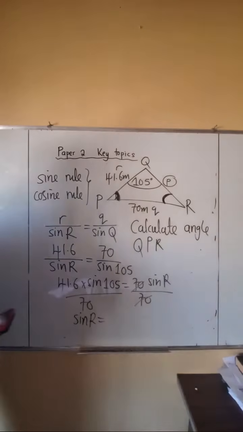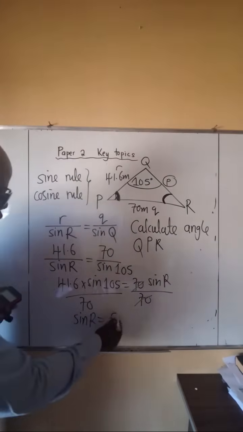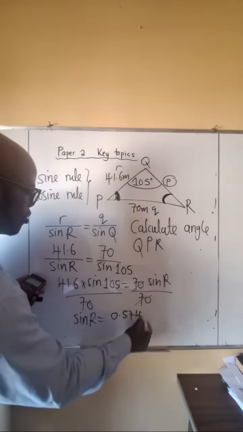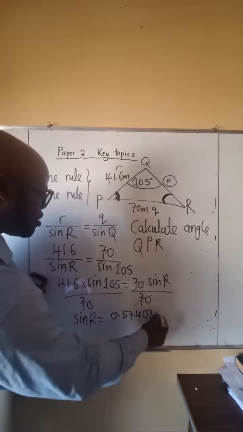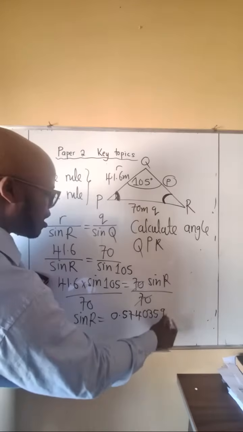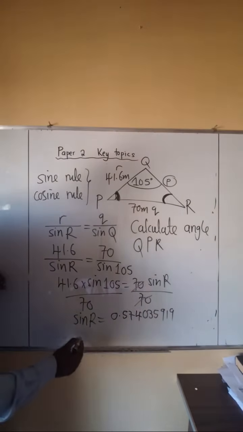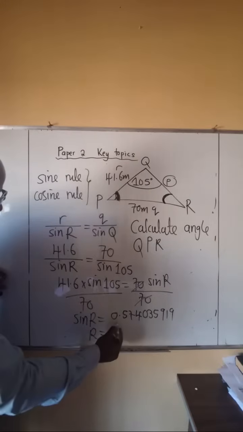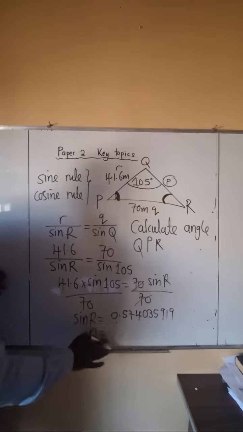So I'm going to get 41.6 times sine 105. Okay, divide by 70. So I'm getting 0.57403591. So the angle at R will be equal to, you see what it is?